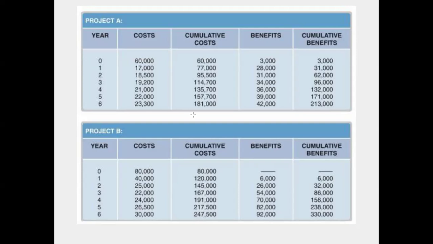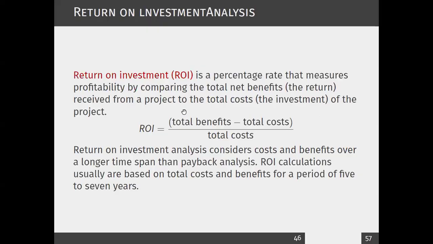Once you know the cumulative cost and benefits, calculating ROI simply means you take the total benefits minus total cost and divide by the total cost. I hope you understood that. Right. Okay.